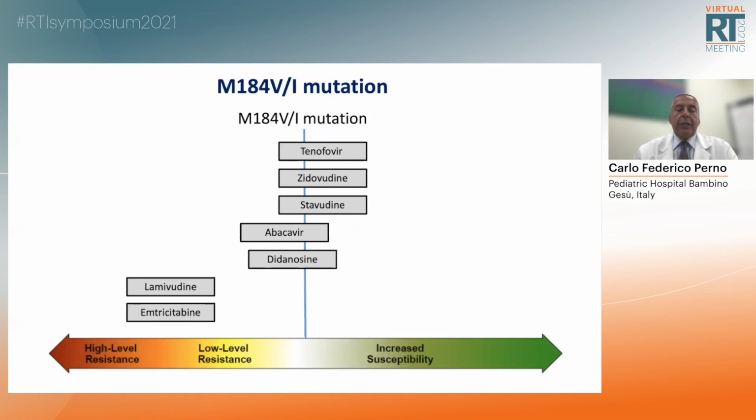If mutations start to appear, according to the different types of mutations, the drugs react in different ways in terms of efficacy. You can see that lamivudine and emtricitabine lose practically all their efficacy in the presence of the 184V or I mutation. Abacavir loses something, while, please note carefully, tenofovir, zidovudine, and stavudine become a little bit more effective.